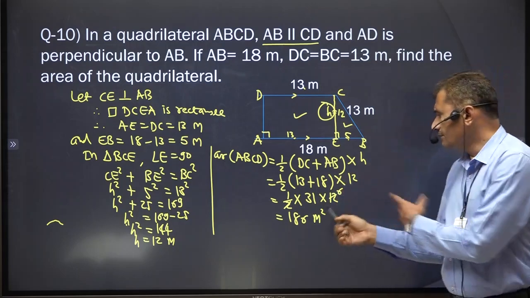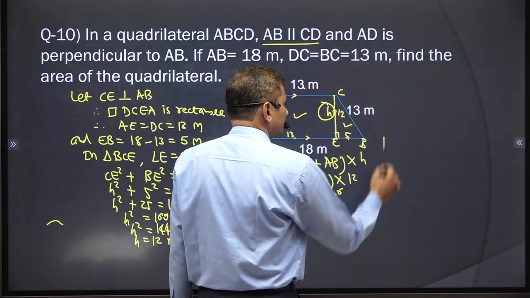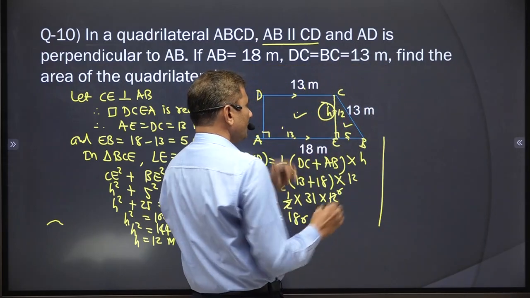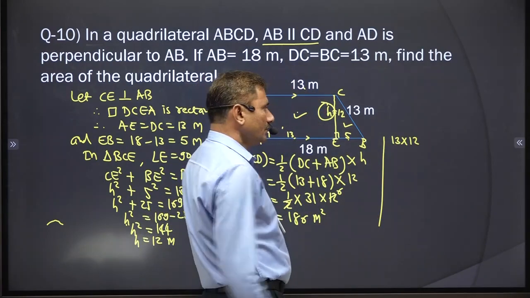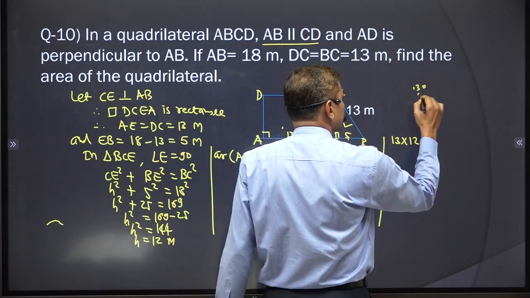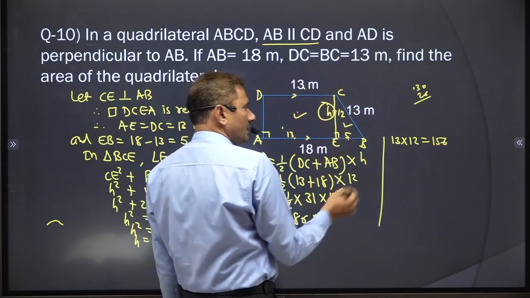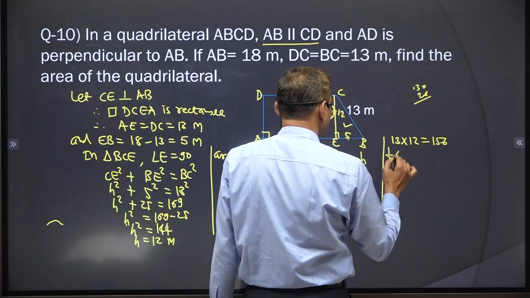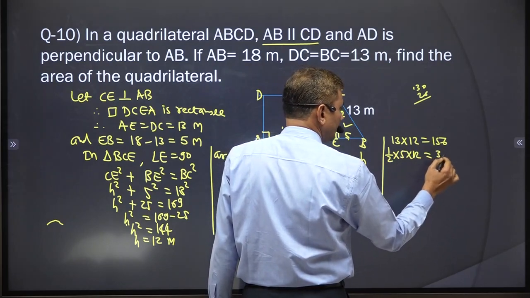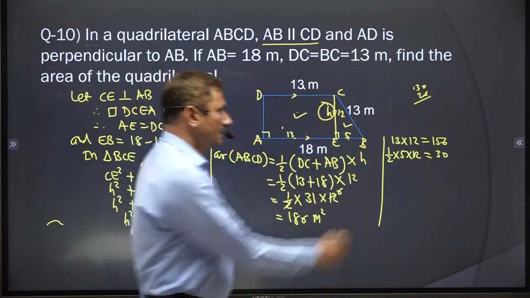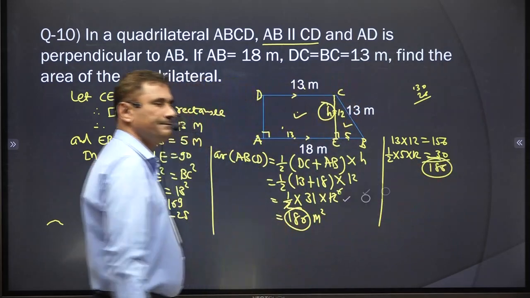Roughly, first of all, the area of this part will be 13 into 12, so it will be 156. Then half into 5 into 12, so 12 5s are 60, half is 30. If you total both of these, then it will be 186, just like that.